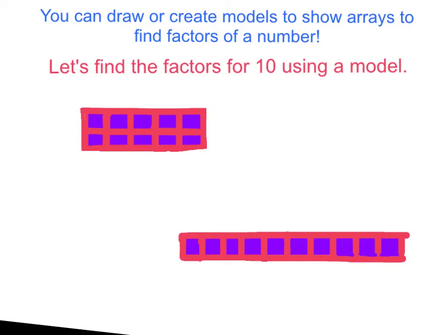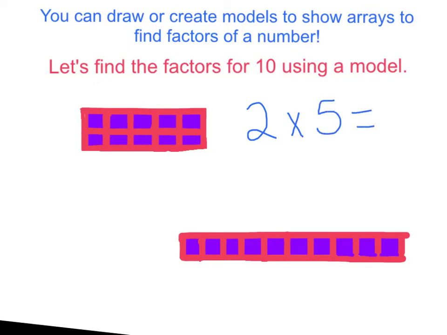So I have the factors of 10, that's what I need to find. So if I look at this first array here, I have 2 rows. So I know one of them is going to be 2. And let me see how many I have in each row. 1, 2, 3, 4, 5. So I know my other factor is going to be 5.